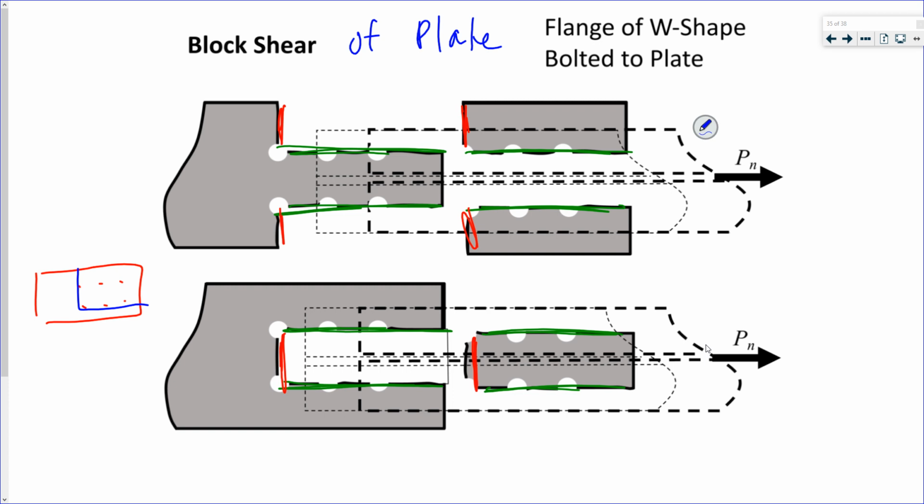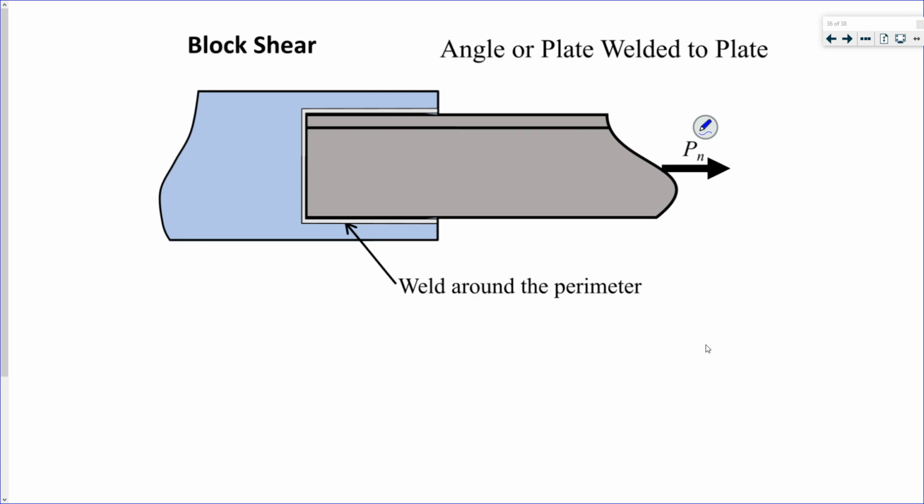A block shear can also happen if there's a weld. If we're looking at an angle welded, what's less likely to happen, obviously, if it was to rupture, right, it would just rupture through the entire cross section of the angle.